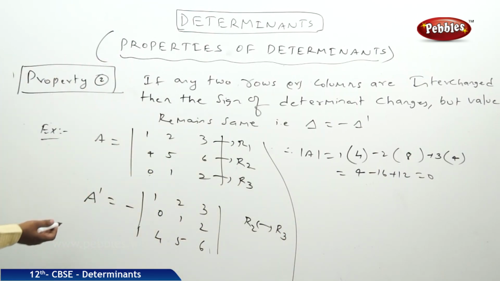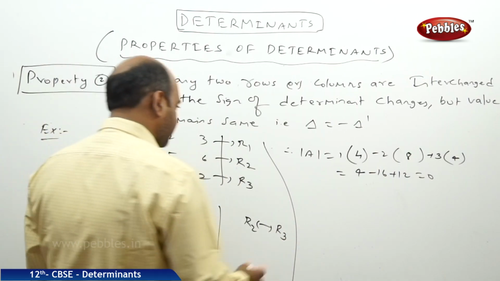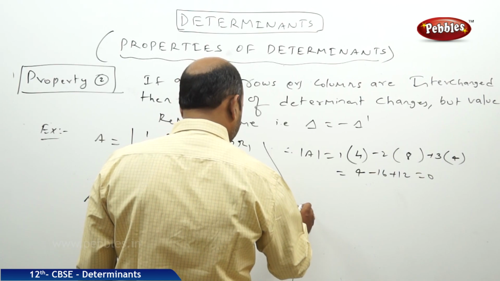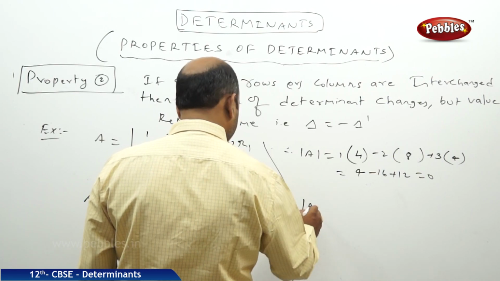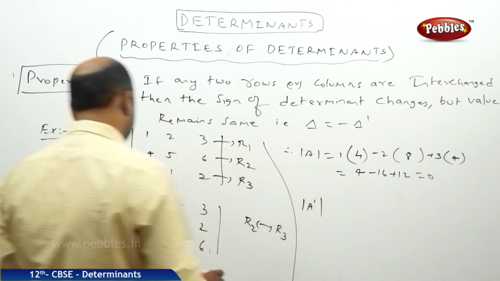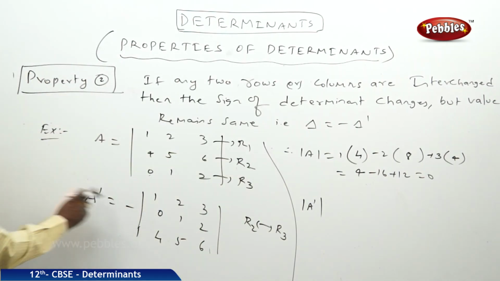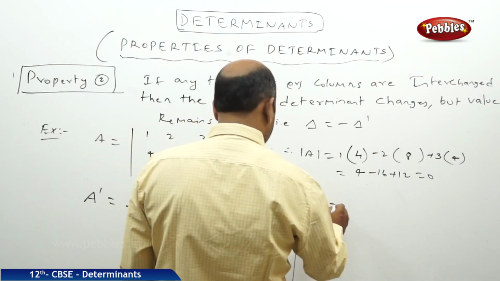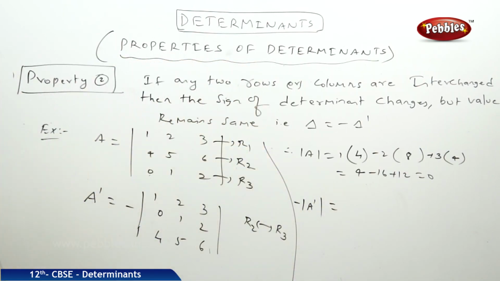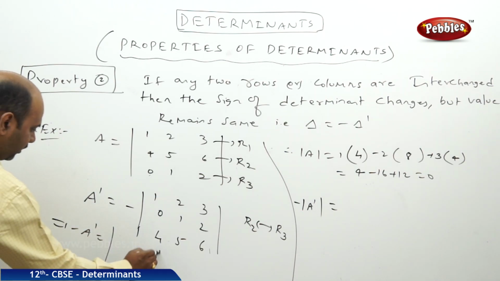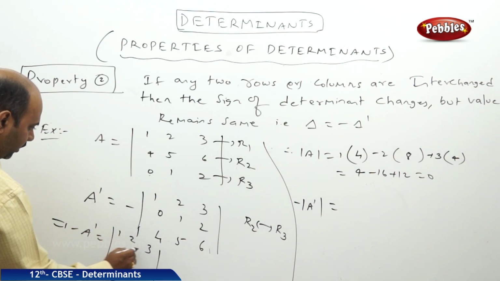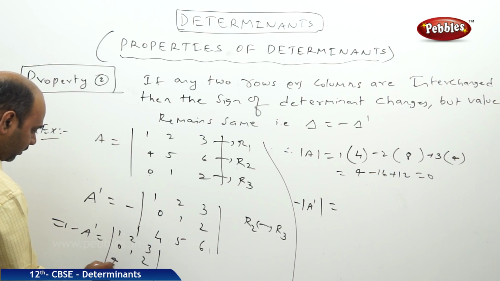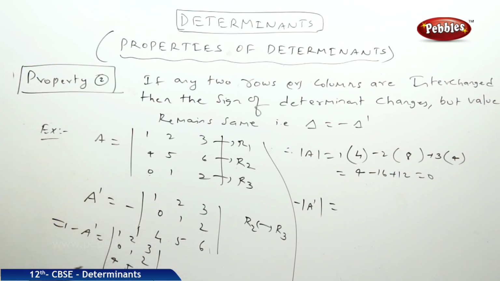Right? Now we shall check whether we get the same thing or not. So the determinant of A dash, and here I will take the minus symbol to this side. So I will write another step, because minus A dash I will take here. So there remains 1 2 3, 0 1 2, 4 5 6. We shall check.